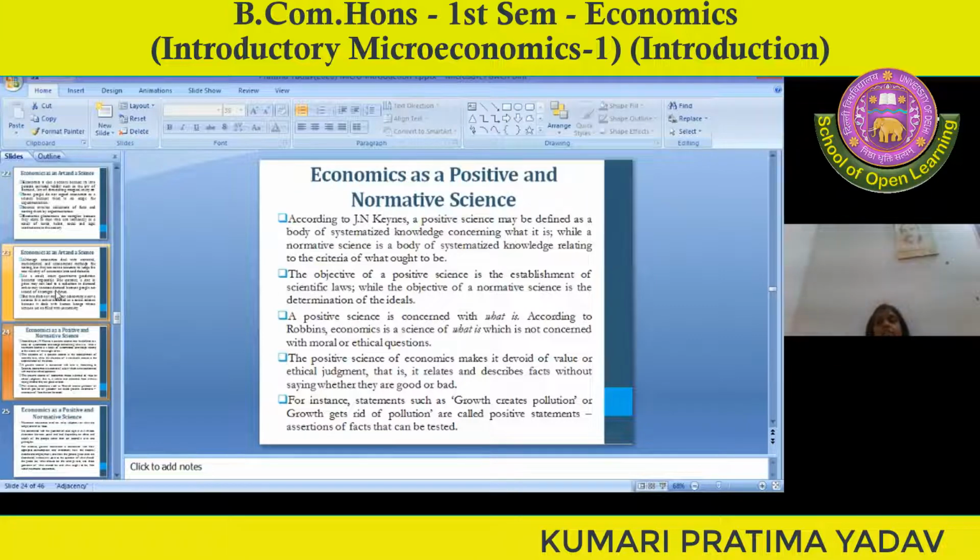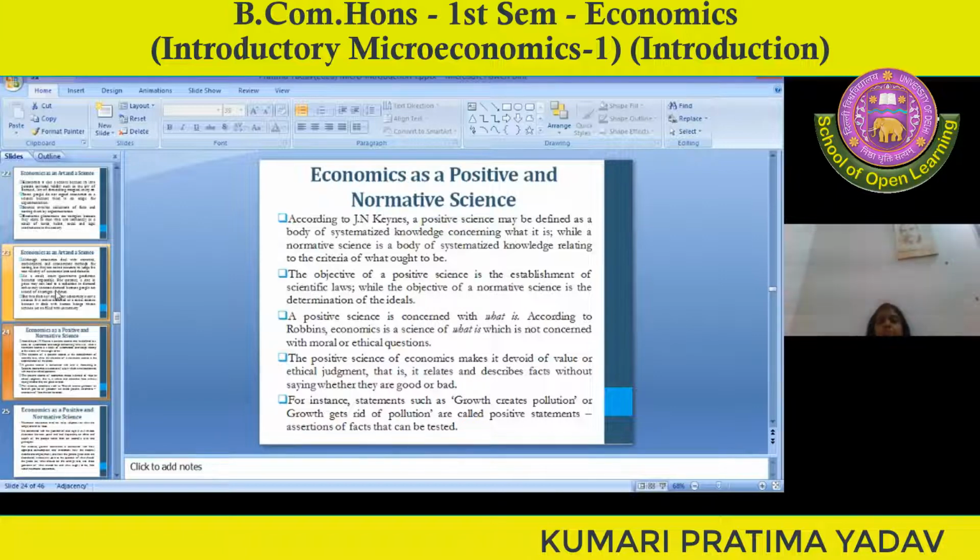Okay, knowledge concerning what is. One is what is, anything in the past, whatever is happening. Another is what is going to be in the future. It talks about the future. So there are two. Once you talk about the positive, it talks about what has already happened. And normative mostly talks about what ought to be, what is going to happen.